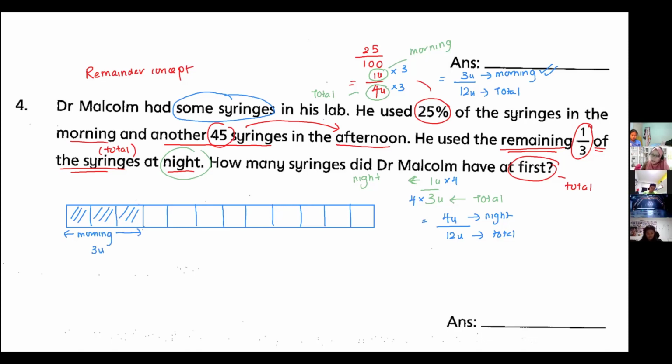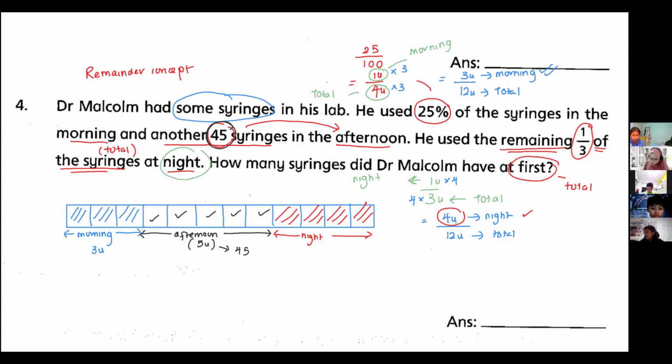Then I know at night is 4 units, right? My night is 4 units. So 1, 2, 3, 4. This is at night. Which means the balance, the unshaded portion, will be in the afternoon. So afternoon is 1, 2, 3, 4, 5 units. Okay, so that 5 units represents the 45 syringes.